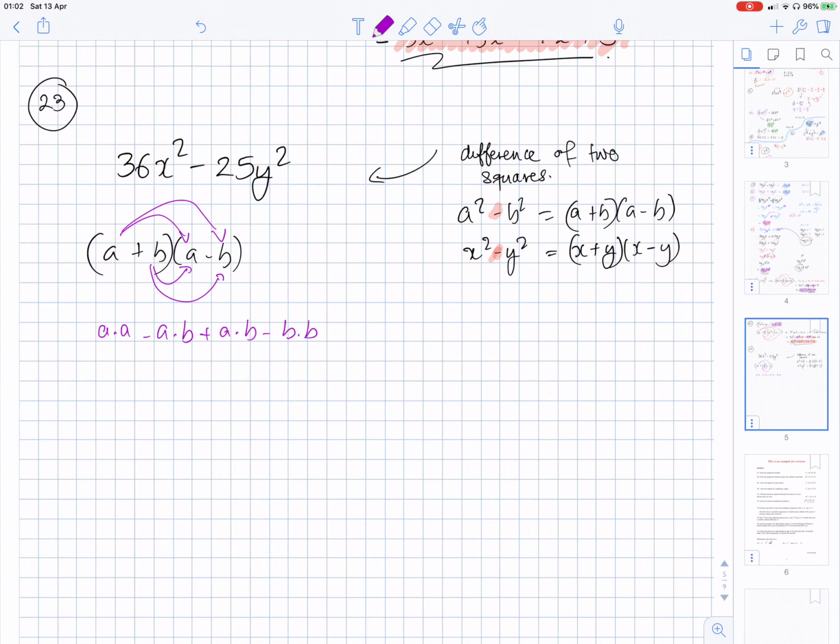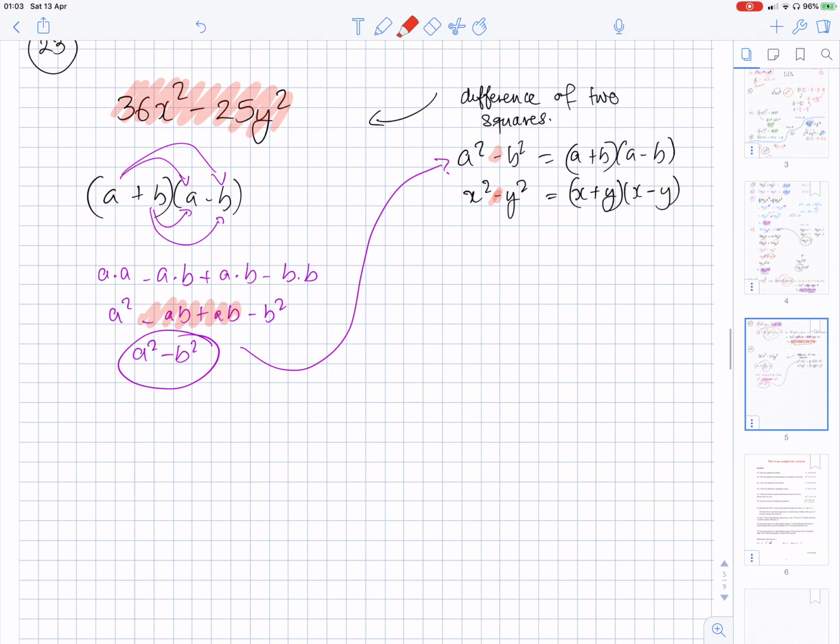So this becomes a squared minus ab plus ab minus b squared. Minus ab plus ab goes to 0, so you remain with a squared minus b squared, which is the same as how we started off.